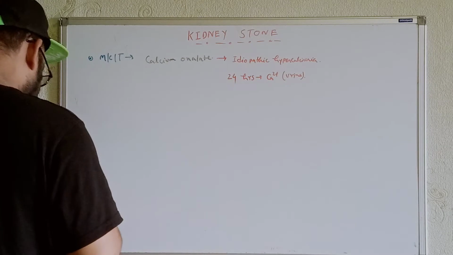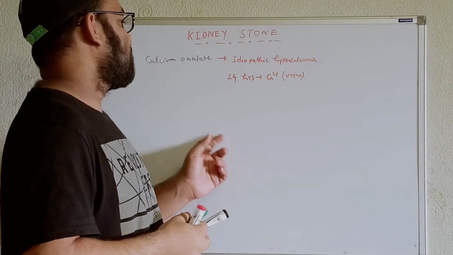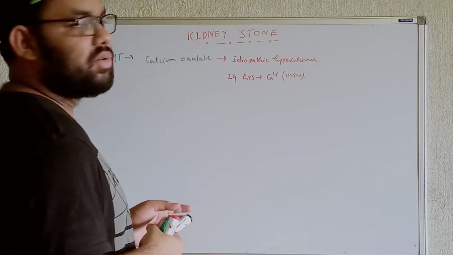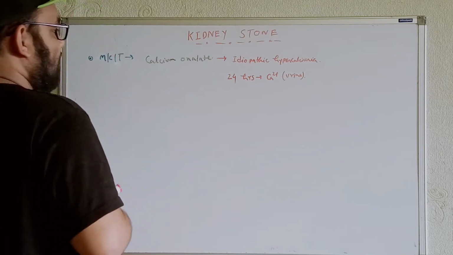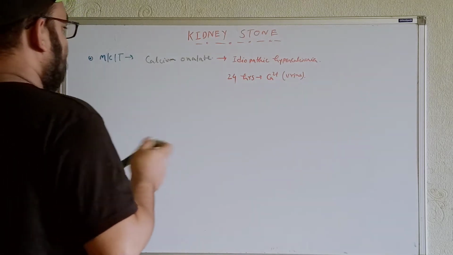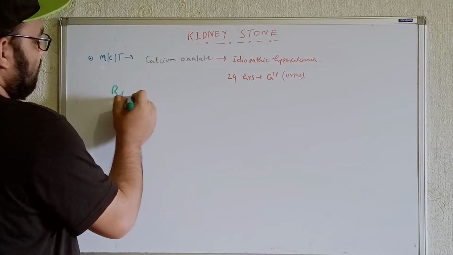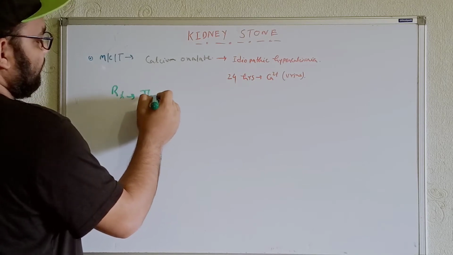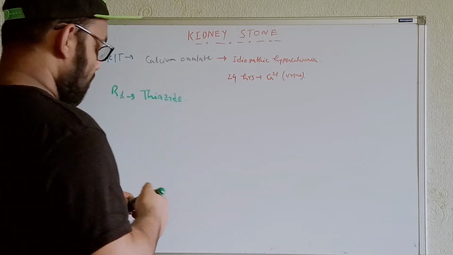Okay. Once we have confirmed that yes, it is calcium oxalate, what type of treatment can we do for it? First, what type of drug are we supposed to use? We will use thiazide.